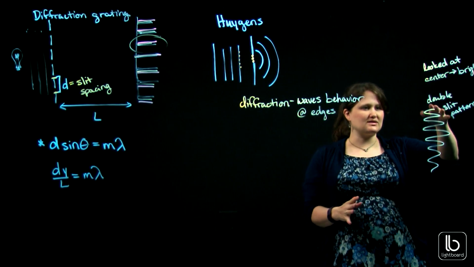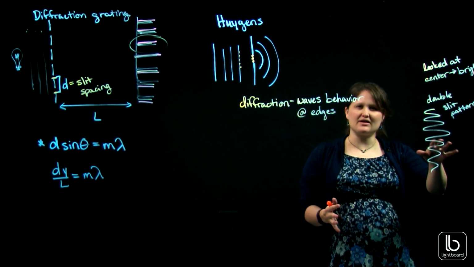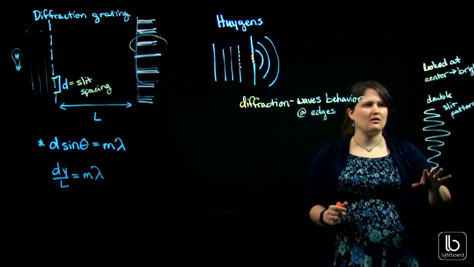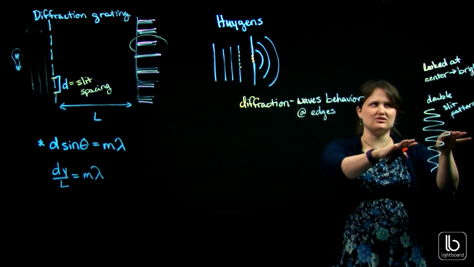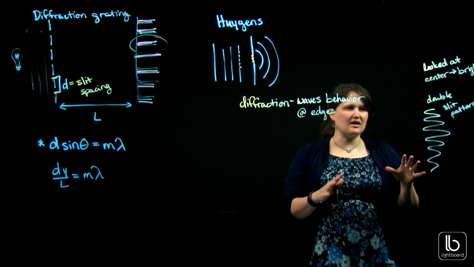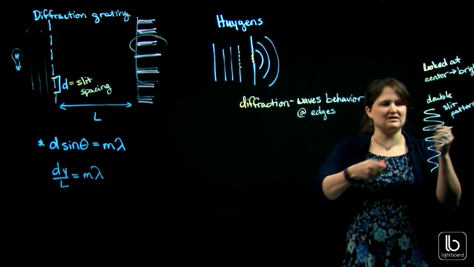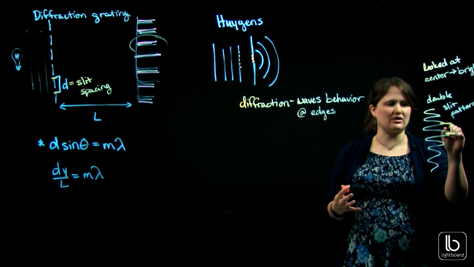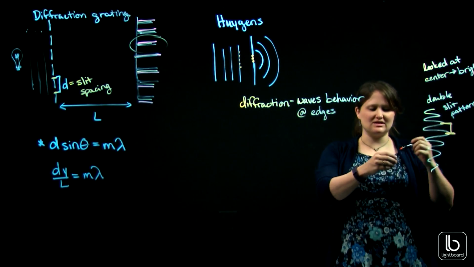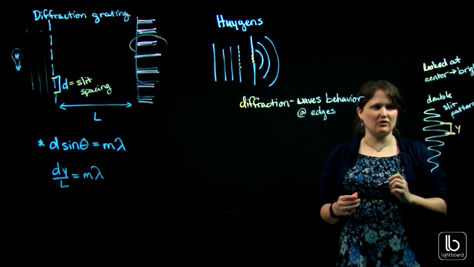One is that our double slit pattern looked kind of like a cosine function. And we still had this bright center, but what we were looking at was this distance between the bright center and the next bright spot. This was our difference in spacing, the y we were looking at.